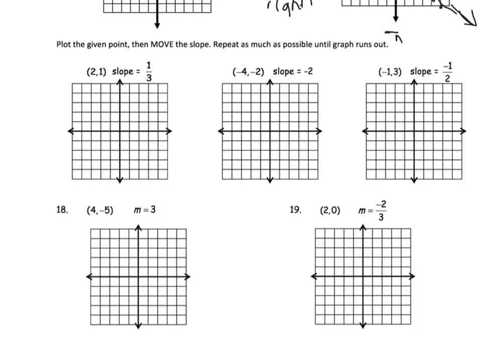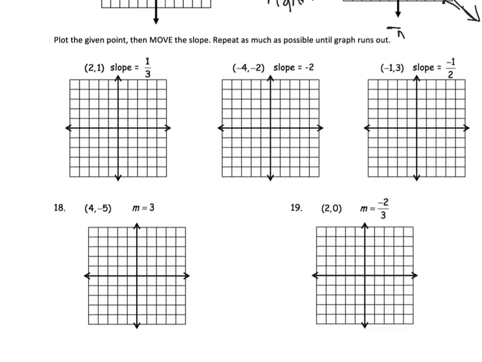Here we're going to plot the given point, then move the slope. Repeat as much as possible until the graph runs out. So we're going to plot the point with the coordinates 2, 1. And now we're going to repeat the slope.